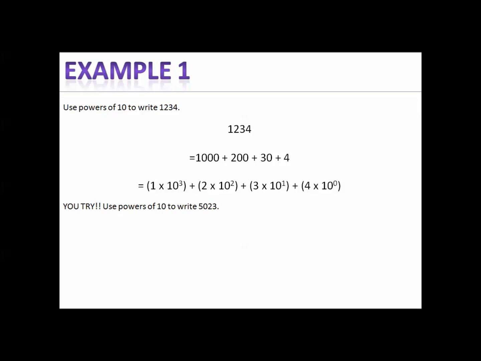But in this case, we have 4 ones. So 4 times 1, or 4 times 10 to the 0. So our answer comes out to 1 times 10 to the 3 plus 2 times 10 to the 2 plus 3 times 10 to the 1 plus 4 times 10 to the 0.